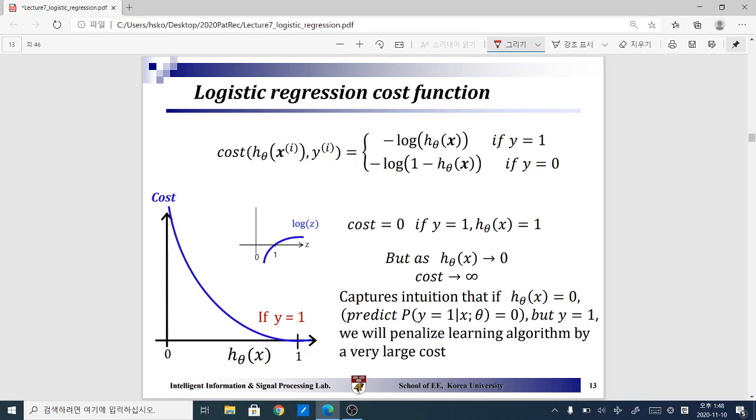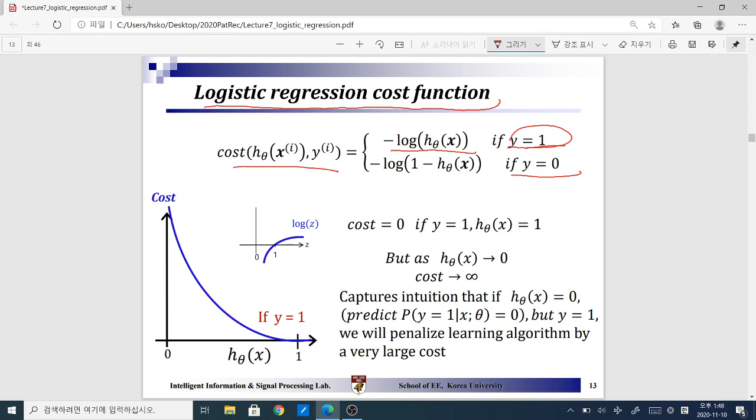So to make it into a convex function, the logistic regression cost function is going to be transformed by using the negative of the log function for both, say, label 1 as well as that of label 0.